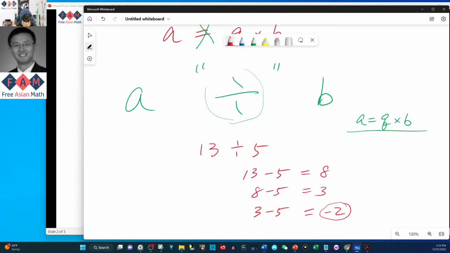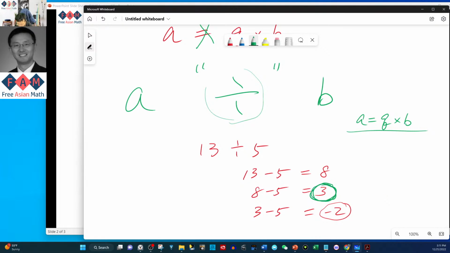So when this happens, when we hit the 3, we already reached our limit. We can no longer proceed. Otherwise, the next step will bring up a negative integer. And that's exactly what we mean by division with remainder.